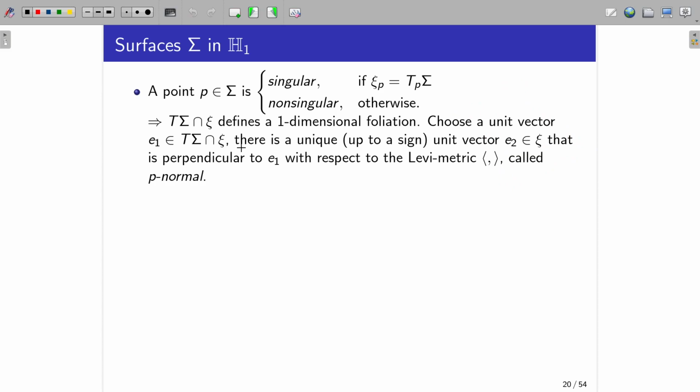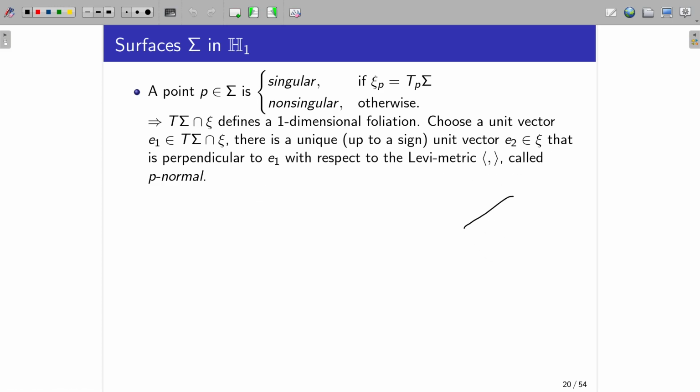So the intersection defines a one-dimensional foliation. We choose a unit vector E1 in the intersection, and there is a unique vector E2 perpendicular to E1, also on the contact plane.